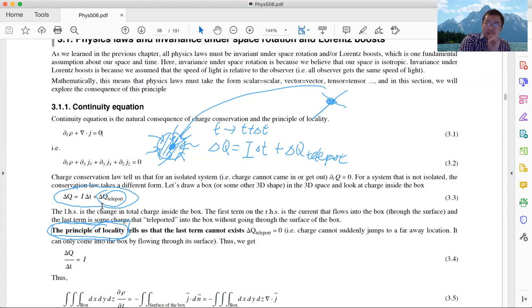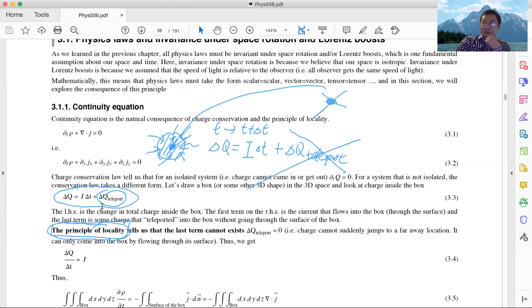Let me emphasize again. Charge conservation itself does not prohibit teleport. It's the principle of locality that says teleport is not allowed. Charge conservation law itself allows the possibility of teleport. But once we assume the principle of locality, that term is gone. And when the principle of locality is assumed, this additional teleport term is gone.